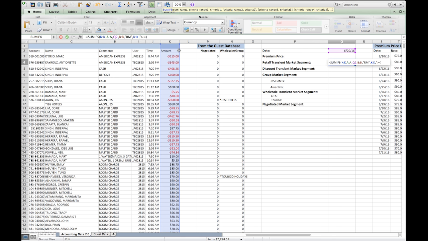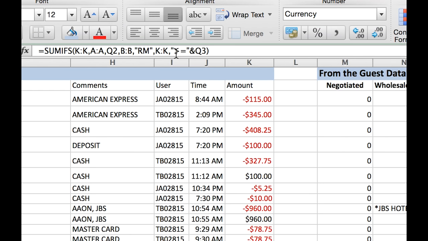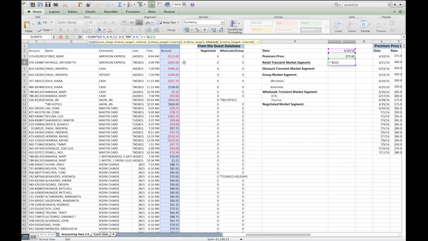So everything in column K, including this $75 that I just showed you, has to be equal to or greater than this premium rate. So to tell Excel this, I'm going to put quotation mark, greater than sign, equal sign, end quotation mark, and then this and sign, and then the cell location of the rate.